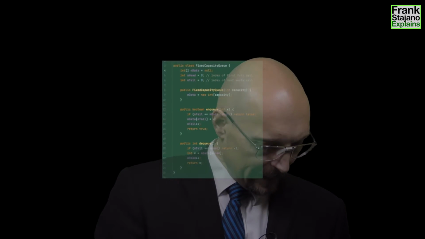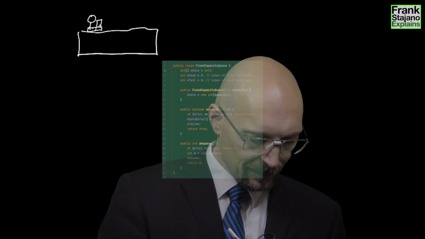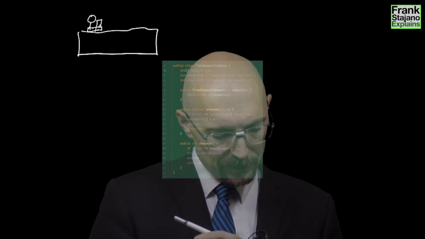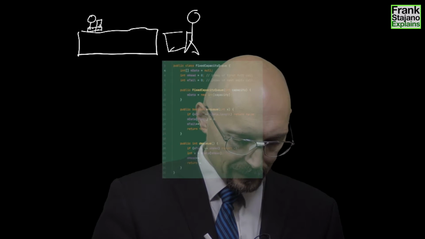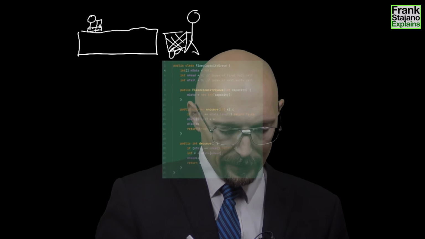Okay, so let's have a little piece of artistry representing our queue. So this is the checkout counter, and there's a person here with a kind of adding machine or something that produces a till, and then there are people who come here with a thing full of groceries.